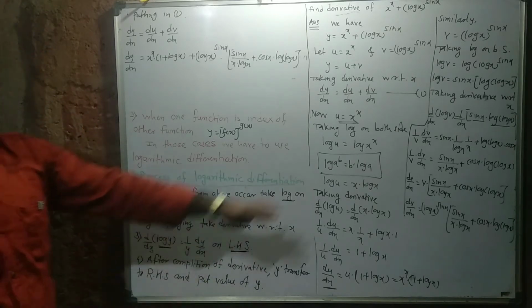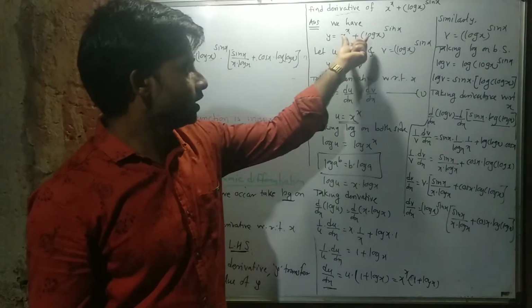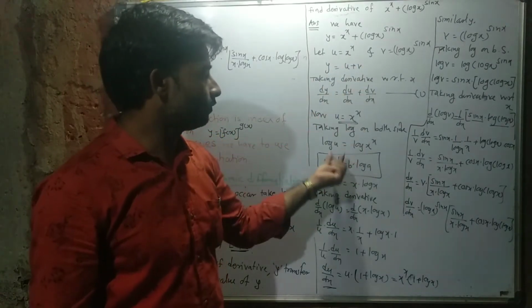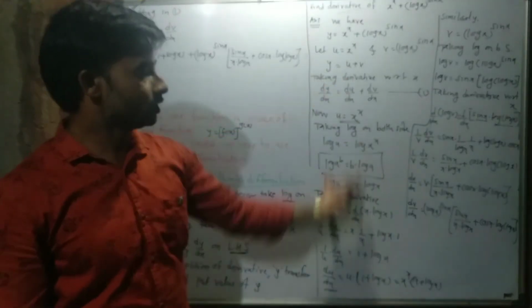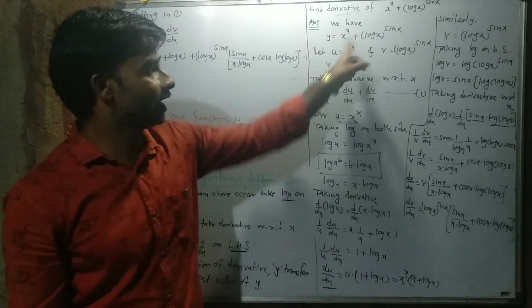That means first of all we have to use the rule of addition of two functions, and these two added functions involve logarithmic differentiation. By using logarithmic differentiation you find the derivatives of these u and v functions.